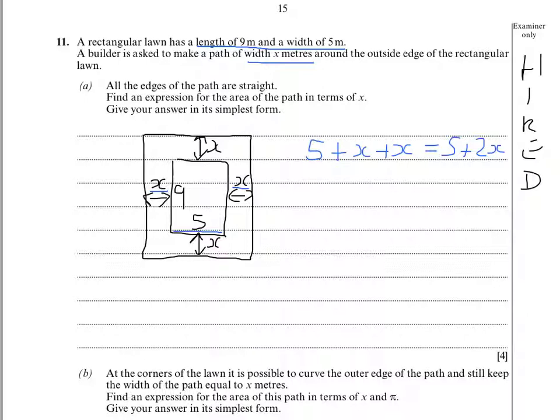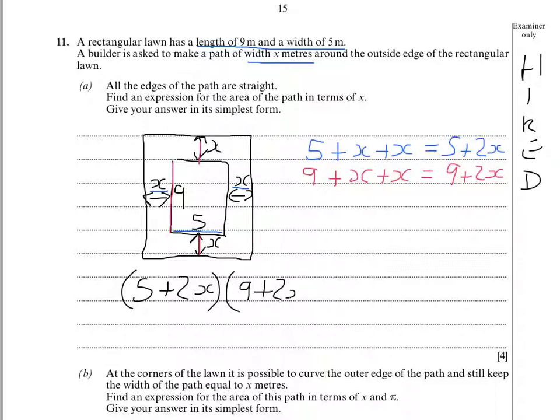Then for our height, we've got our 9 plus our x and our x. So that means we've got 9 plus x plus x. So that's 9 plus 2x for our height. So in order to work out the area, we are going to have to multiply the two of those by each other. And so what we've got is two brackets multiplied by each other. So 5 plus 2x and 9 plus 2x.